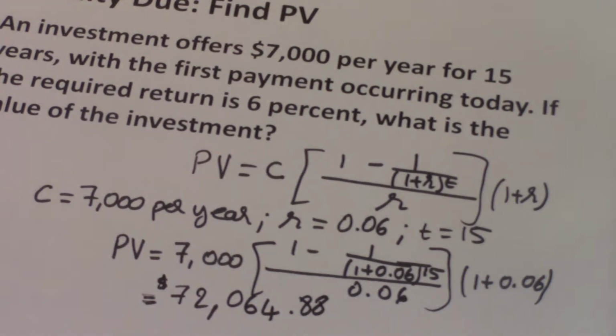So the present value of this investment today is 72,064.88. This means that if you were to purchase maybe this policy, this is the maximum amount that you need to pay for it today.